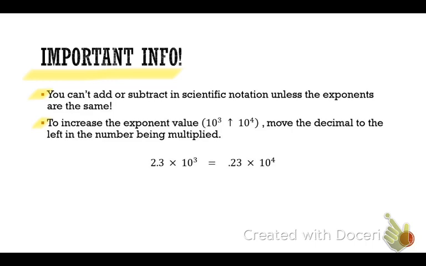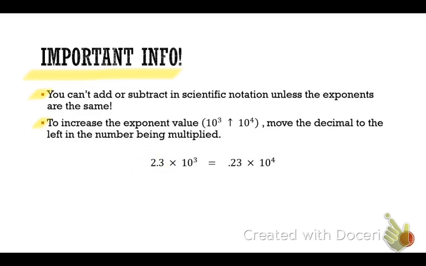Basically, for every digit that we increase the exponent by, say 10 to the 3rd power up to 10 to the 4th power, we move the decimal left in the decimal value that is being multiplied.